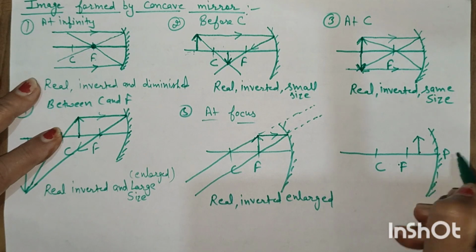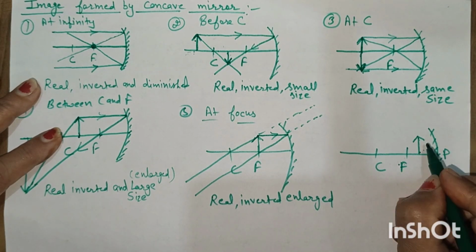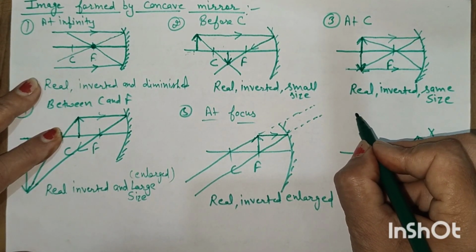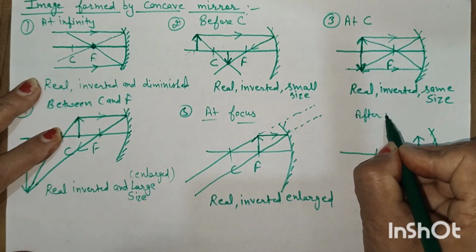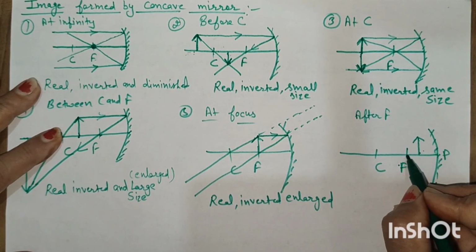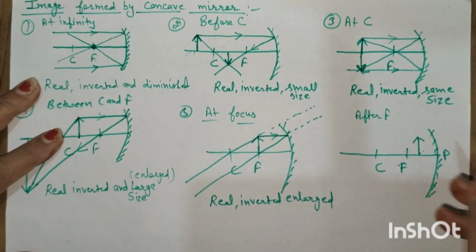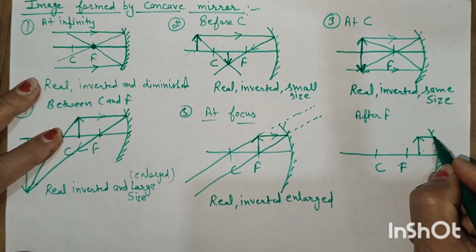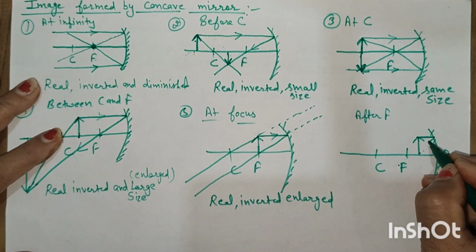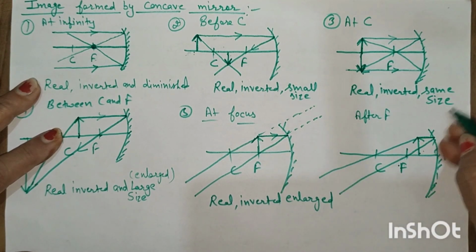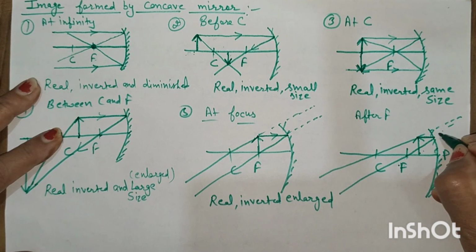Again I am repeating, when the object is after F, in between F and P, before the pole. Now first ray is going parallel to the principal axis, then passes through the focus, then passes through the center of curvature, and it will look like they meet behind the mirror.